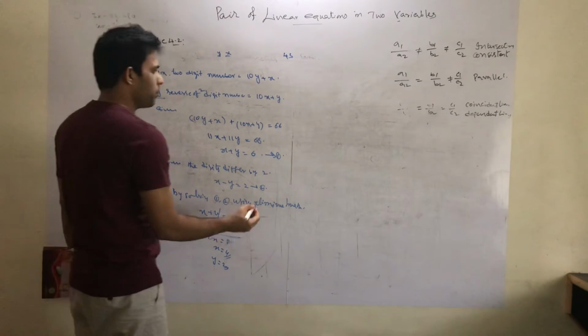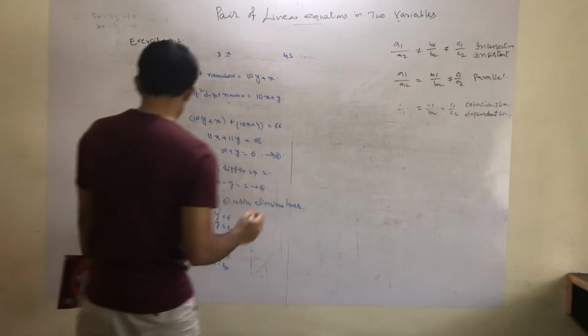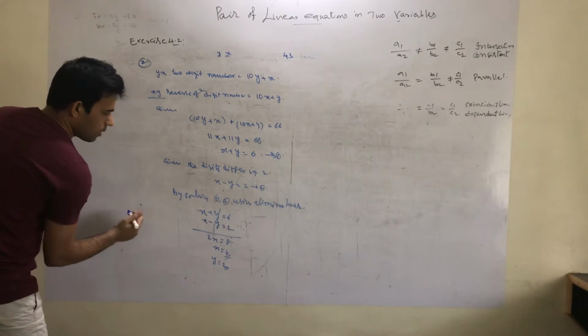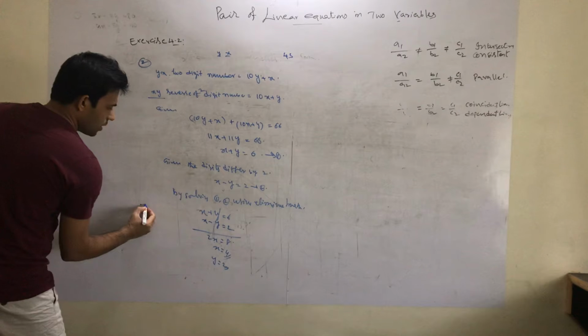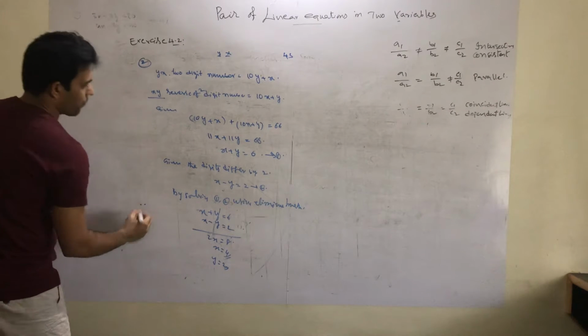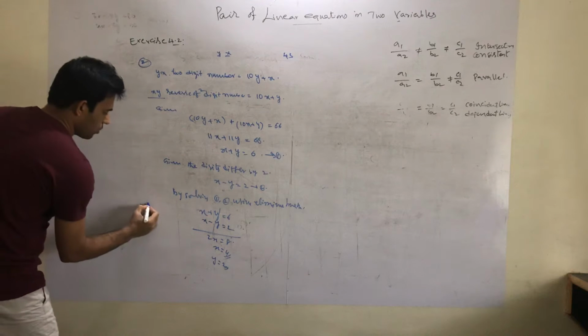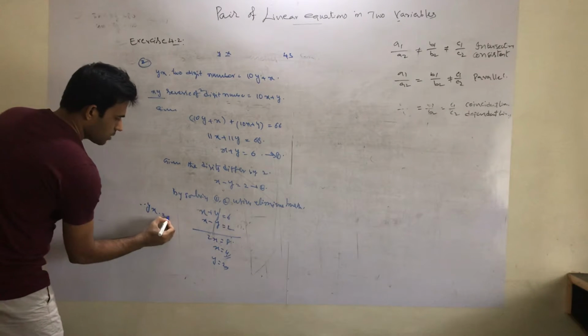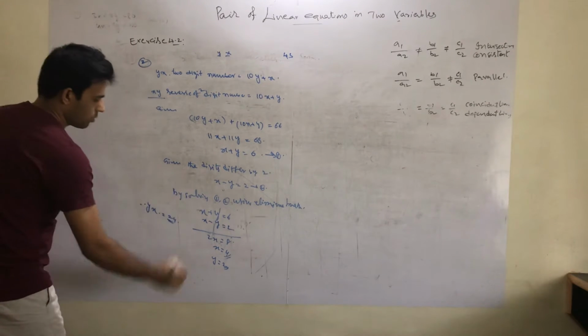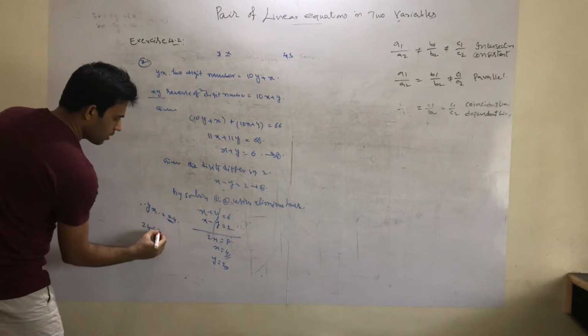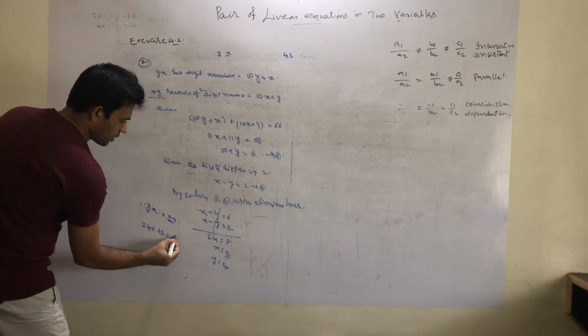That means the number is yx, that is 24. Let's verify: 24 plus reversing it, 42, is 66, right?